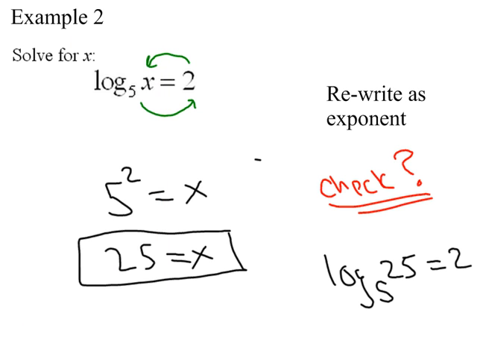So it goes back to this question, how then do you check this? I want you to just keep that in mind. We're going to come back to example 2 a little bit later on. So let's leave this question open for now. How would we check log base 5 of 25 equals 2? So put that question in your back pocket. We're going to come back to it.